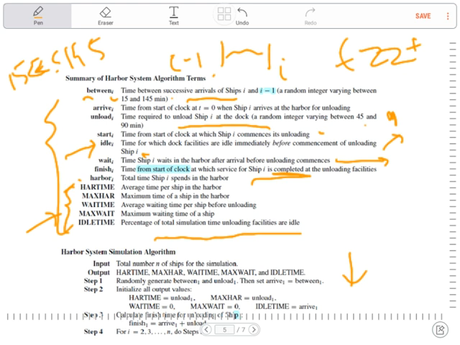And average time, as we have seen before in the table also, obviously the time spent in the harbor is different for ship 1, different for ship 2, different for ship 3, likewise as given in the table. But if we take the total and then find the average, on average it is the same for all the ships.